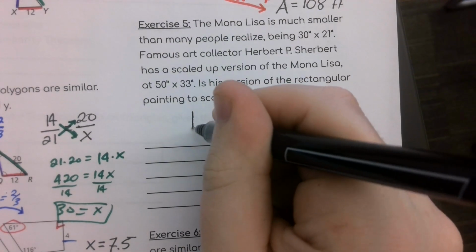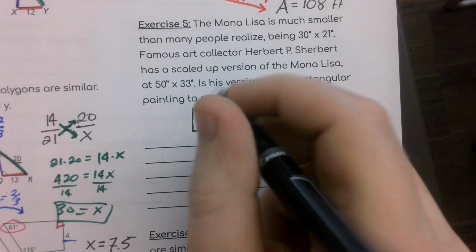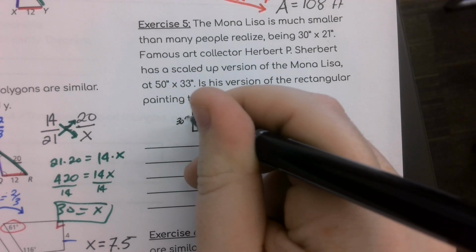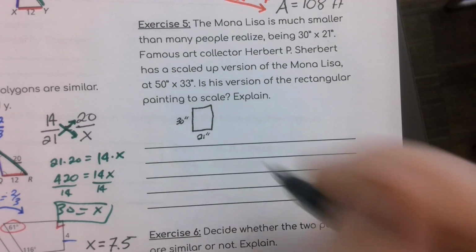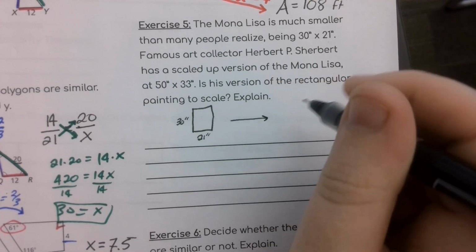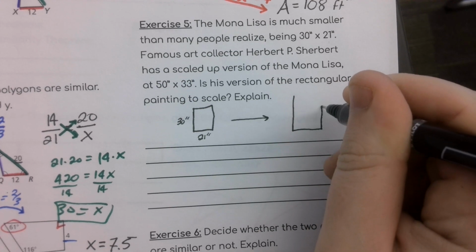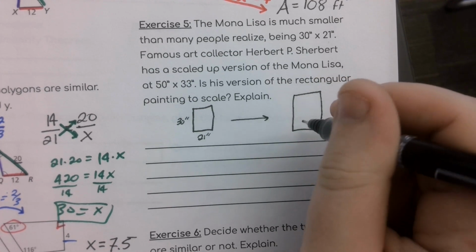So here's the original Mona Lisa in all of its glory. It's 30 inches on this side and 21 inches on this side. And we want to see if it is similar to Herbert's version, which is definitely much bigger.